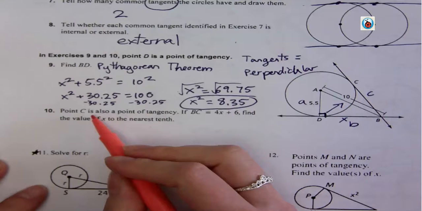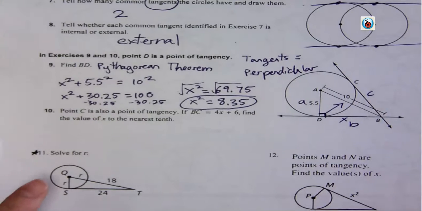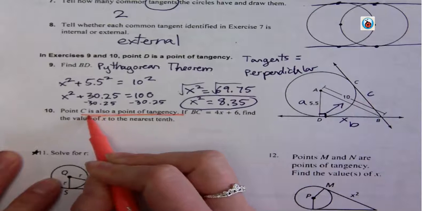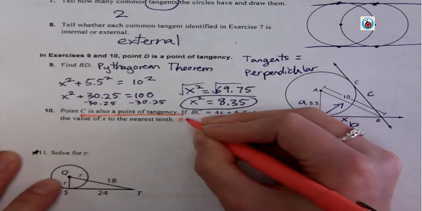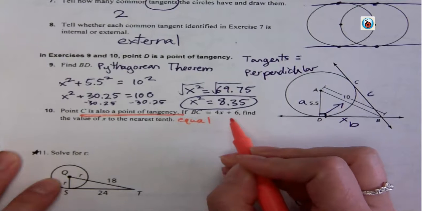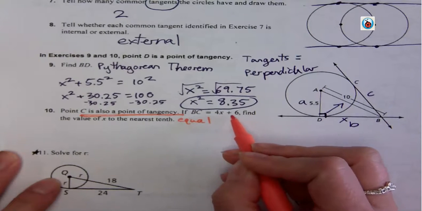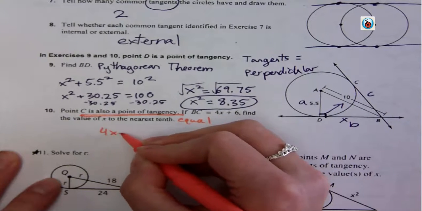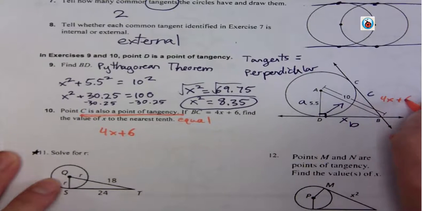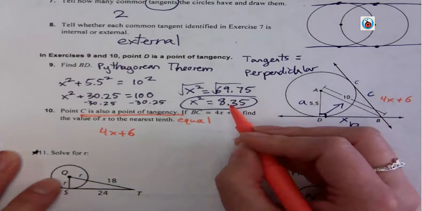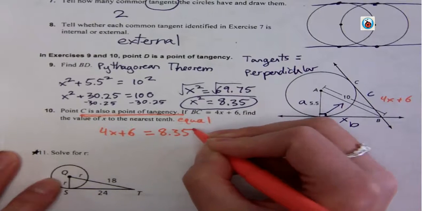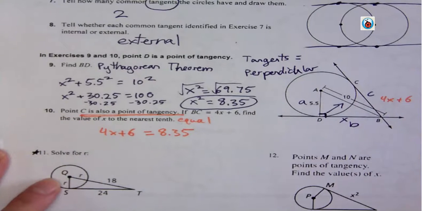So for our second problem here, it tells us point C is also a point of tangency, which means they equal. And so, if BC equals 4x plus 6, and we know that that equals the 8.35 that we just found, we just have another equation to solve.